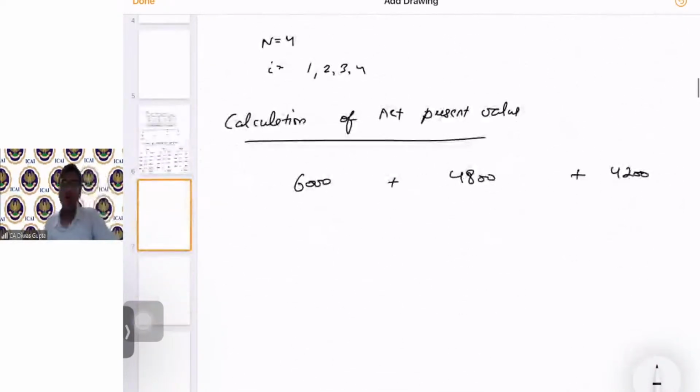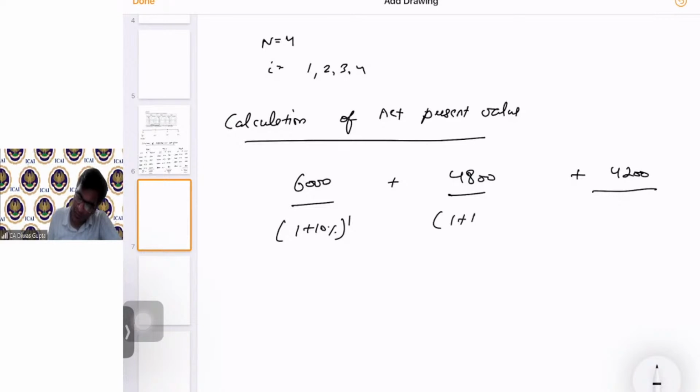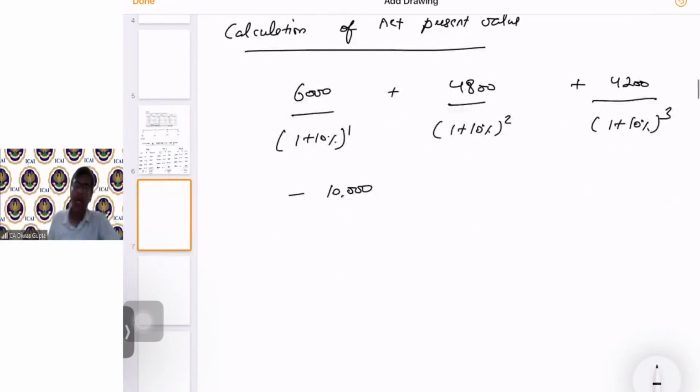Now I think all of you are champions at calculating the net present value, right? Because in the entire capital budgeting, we have done that only. 1 plus 10% raised to the power 1, 1 plus 10% raised to the power 2, 1 plus 10% raised to the power 3, minus 10,000, which is the initial cash outflow.